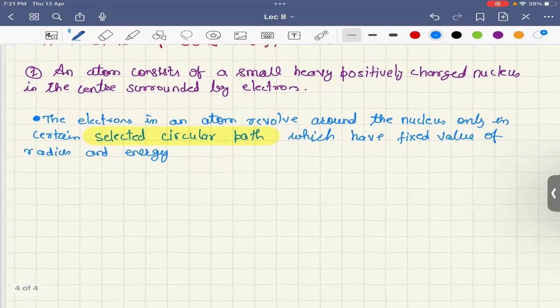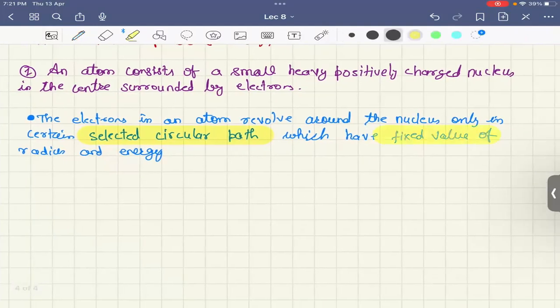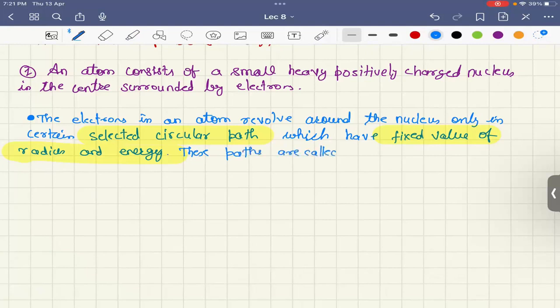So this is very important. Fixed value of radius and energy. And these circular paths are called orbits. And these orbits are associated with well-defined energies and are called energy shells or energy levels. So these are numbered as 1, 2, 3, 4 and so on, from the nucleus, or alternatively K, L, M, N.